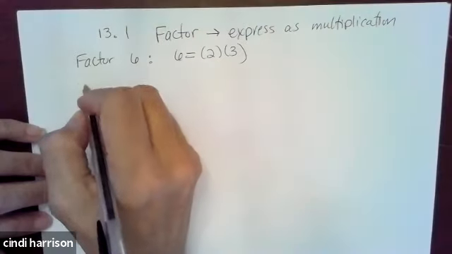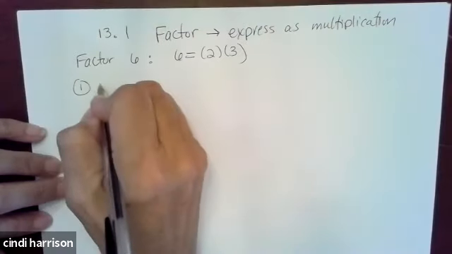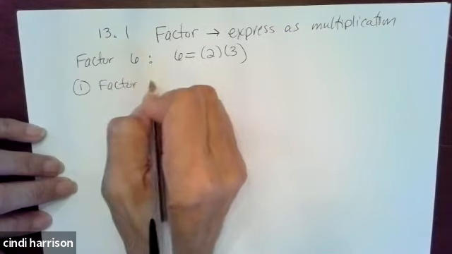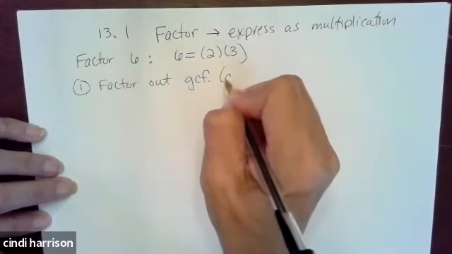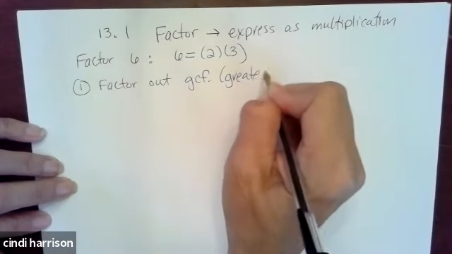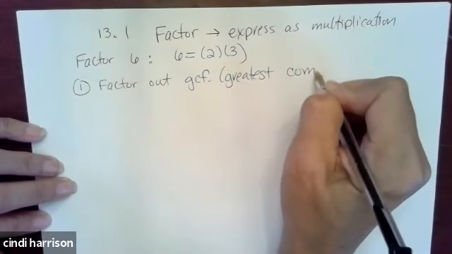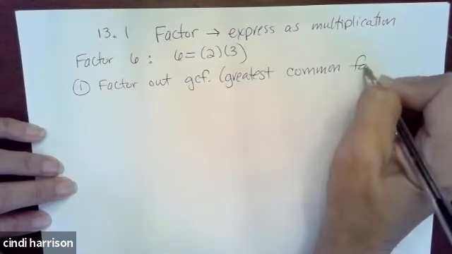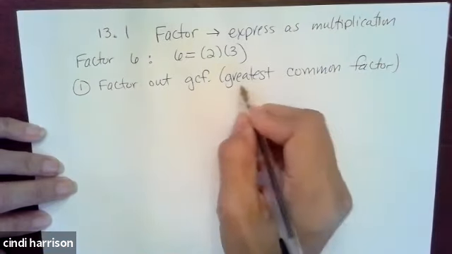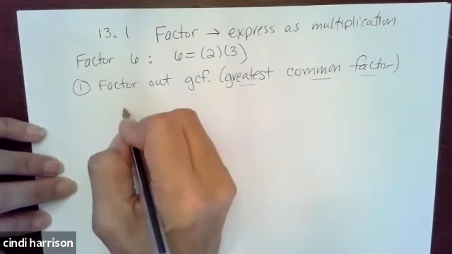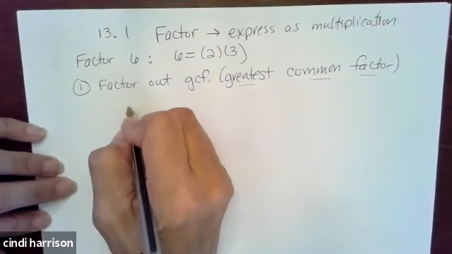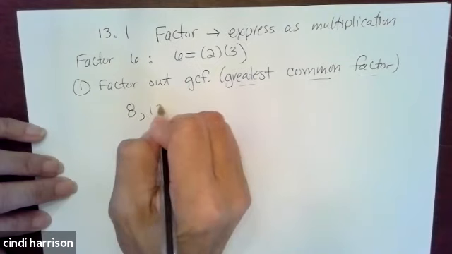So the first type of factoring we're going to look at is factoring out the GCF. Now GCF is short for greatest common factor. So for instance, let's say I have 8 and 12.